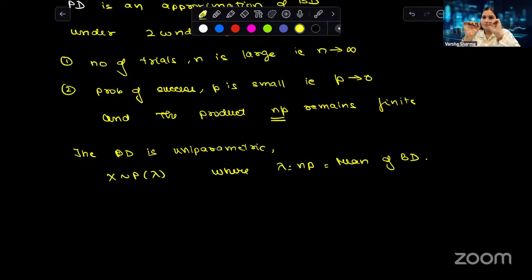What is lambda? If I'm finding the probability of one page to have 5 errors, right? So lambda will be average error per page.